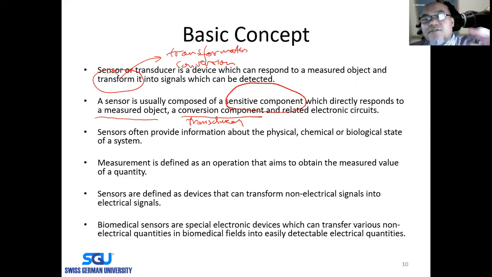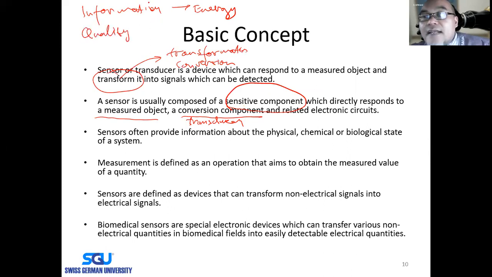So transduction is to go across from one form of energy to another form of energy. Information is basically also energy. But what is the difference between information and energy? In information, we are more concerned about the quality of the energy rather than the quantity.